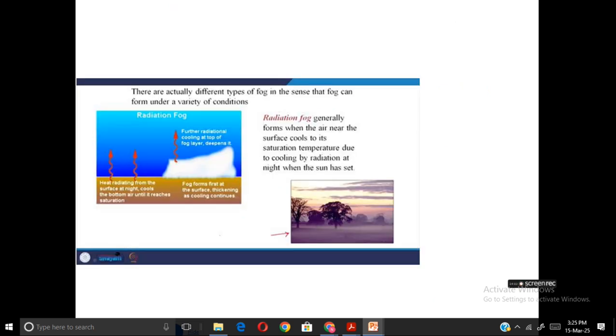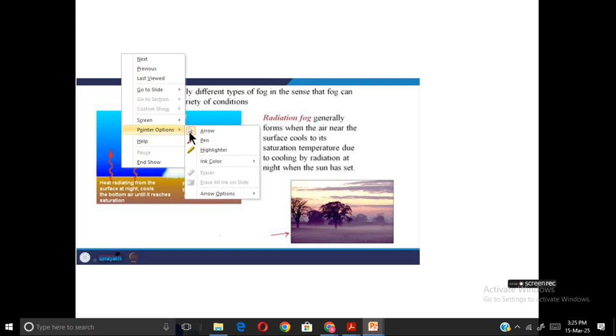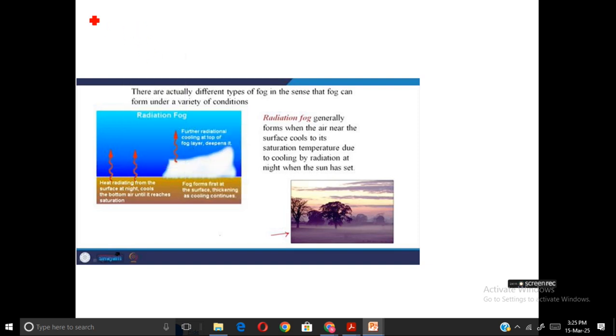So now there are different types of fog based on their formation mechanism. The first one is radiation fog. This thing I took from your NPTEL class. Radiation fog generally forms during night time. In the initial classes I told you that the atmosphere is heated by the outgoing long wave radiation.